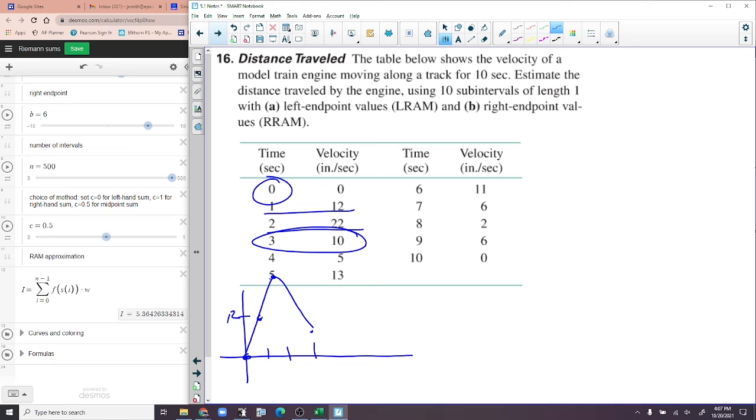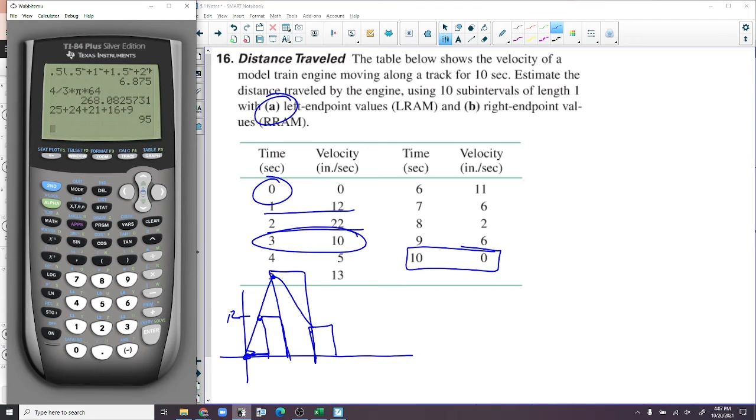If we use left endpoints, we're going to start here, then come up here, then up here, then up here. On a left sum, we are not going to include this last value, because that's a pure right endpoint. Each of these has a base of 1, so we can factor out the 1 and multiply by 1.